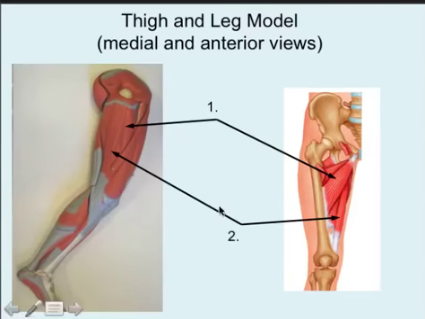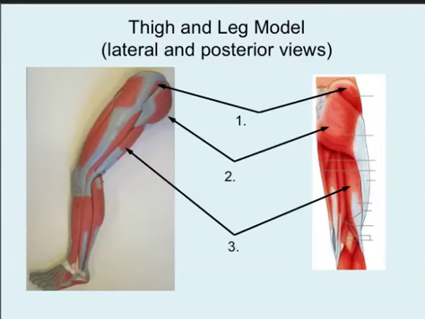What are these two muscles? These are the adductors. And muscle number 2 down here, the gracilis again. So again, the adductors are made up of the adductor brevis, the adductor longus, the adductor magnus, and the pectineus, the shortest of the muscles.